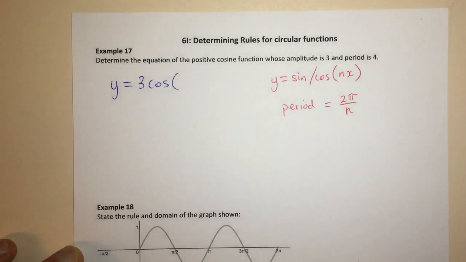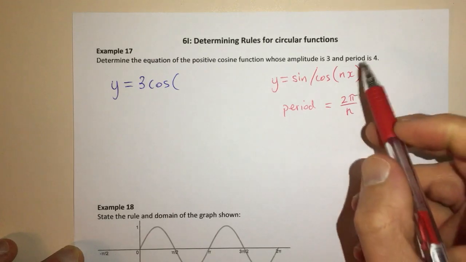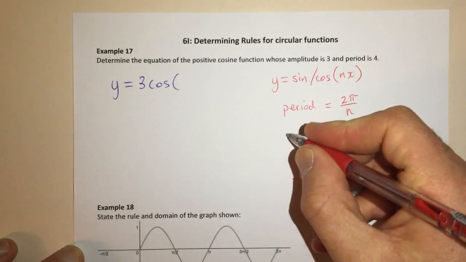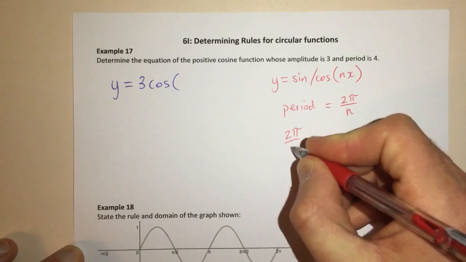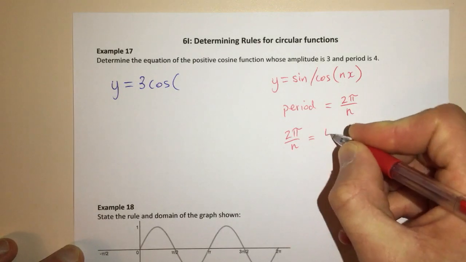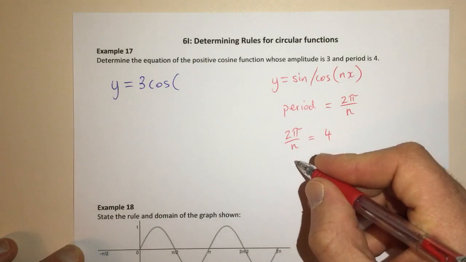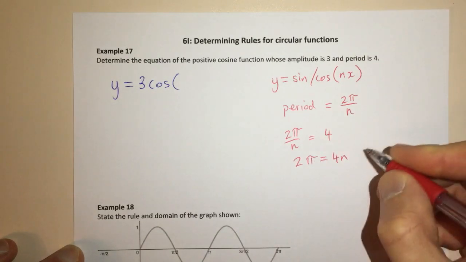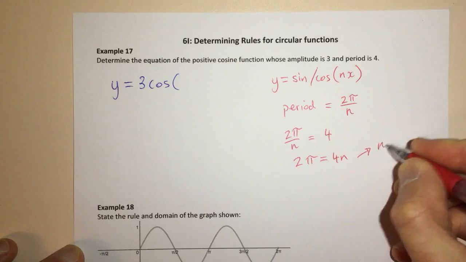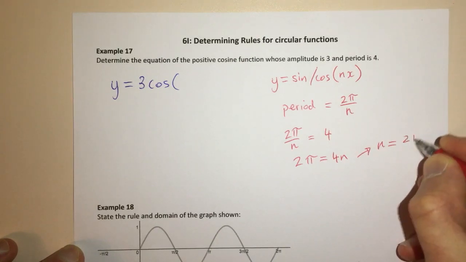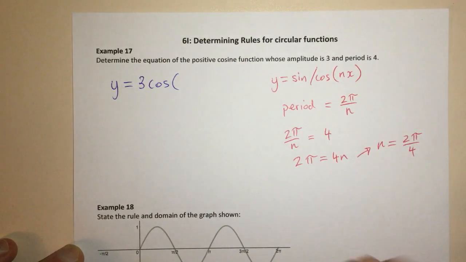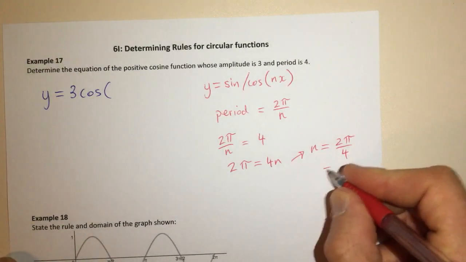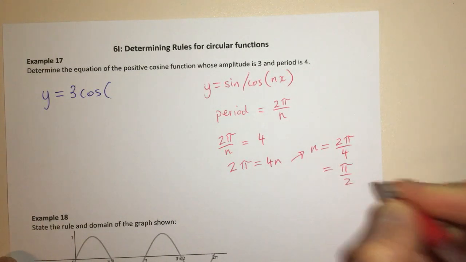Right, and so in this question what we're saying is that the period is 4, and so if 2 pi over n is our period and that equals 4, well then that means 2 pi equals 4n, and therefore n equals 2 pi over 4, which is pi on 2.